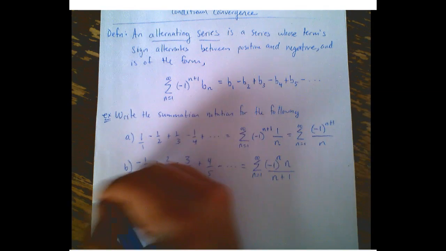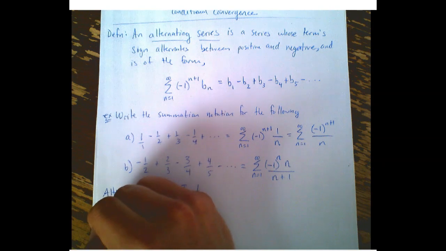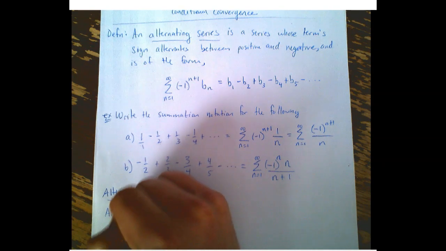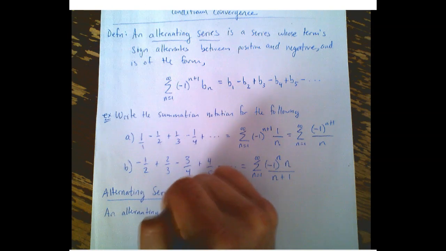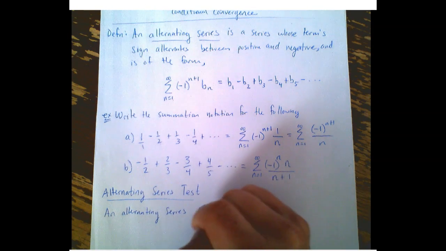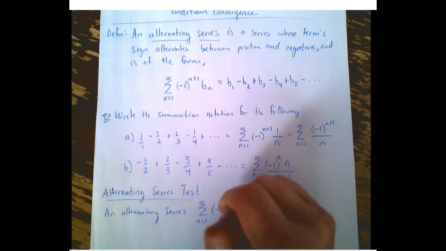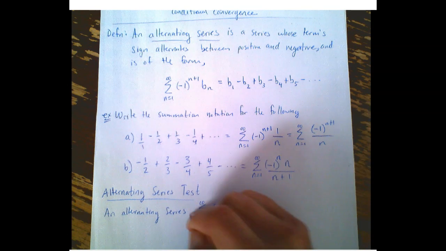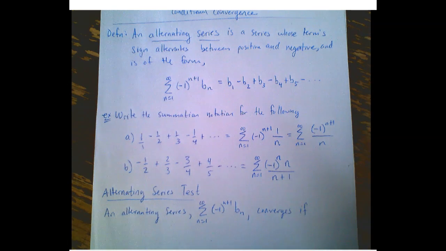So here's the test itself. An alternating series, sigma n goes from 1 to infinity, -1 to the n plus 1 b_n, converges if two things are true.